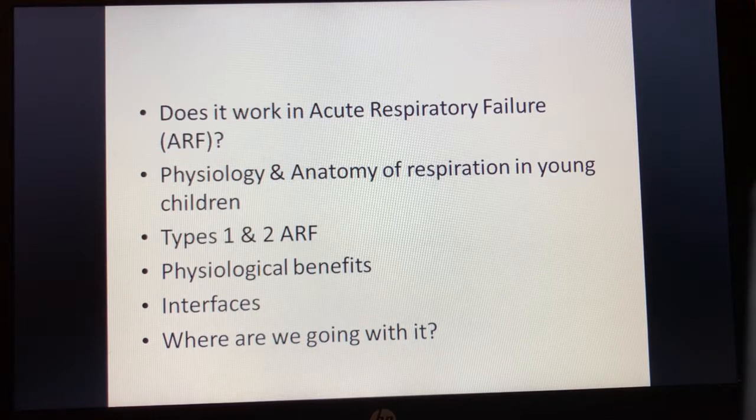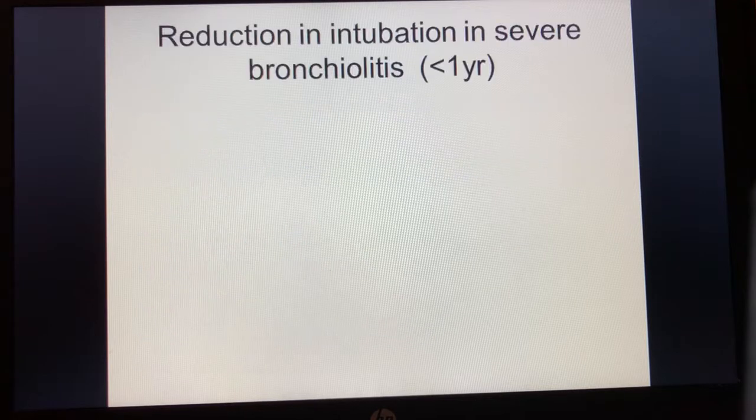A little bit of a summary of some of the physiological benefits that have been shown, and then on a more practical note, something about the interfaces that are available, and also where we think we might be going with it.